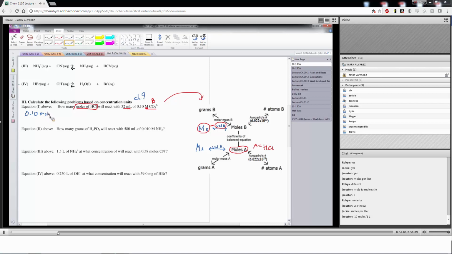Because I can't do dimensional analysis with capital M, but I can do dimensional analysis with moles and liters. And this is again moles of carbonate per liters of the carbonate solution. It's not liters of carbonate specifically, but it's liters of the solution, and I want to make sure that I preserve that. Okay, I have moles per liter, and my first step is to get to just moles. So how do I get rid of my liters?